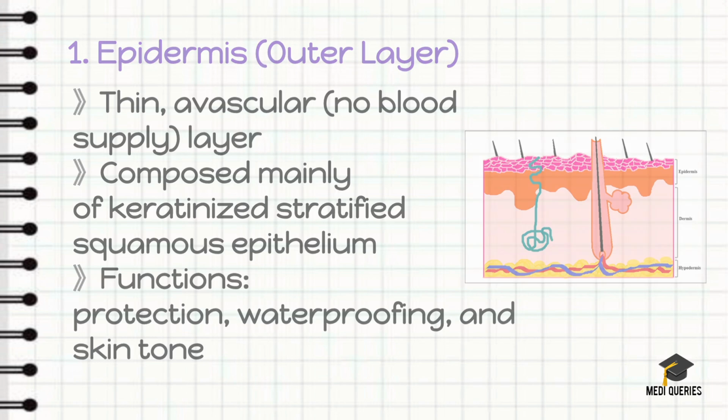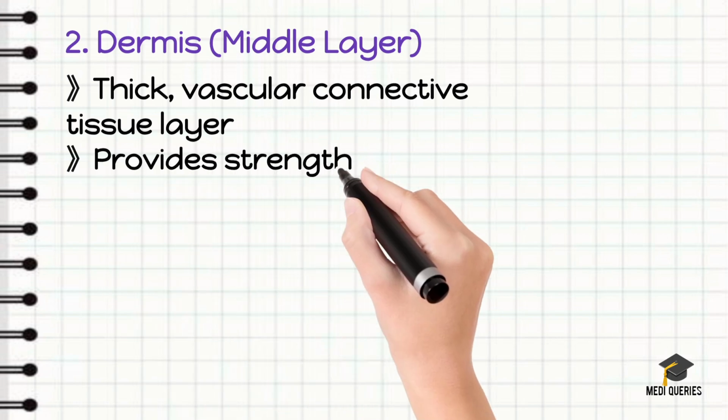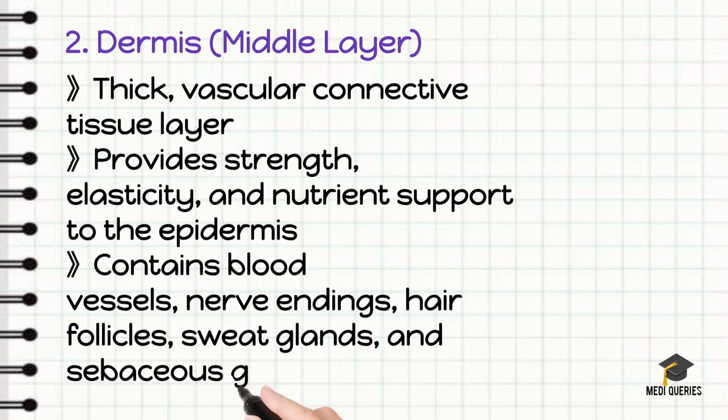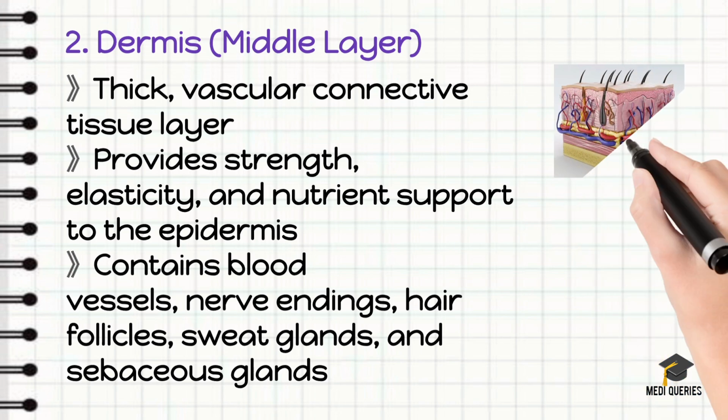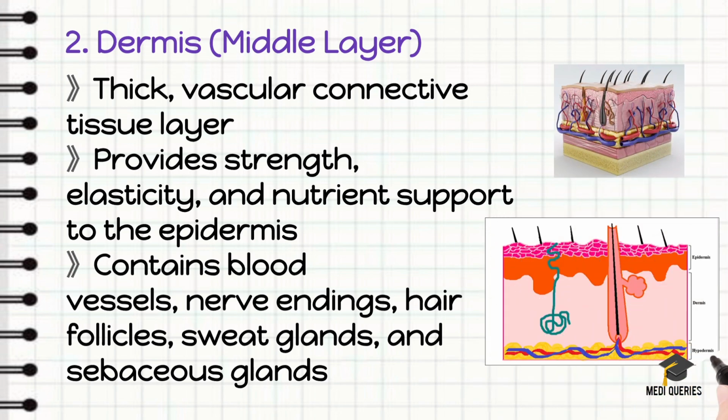This is the middle layer. Okay, this is a thick vascular connective tissue layer. It provides strength, elasticity and nutrient supply to the epidermis. It mainly contains a rich supply of blood vessels, nerve endings, hair follicles, sweat glands and sebaceous glands. So all these are present in the dermal layer.